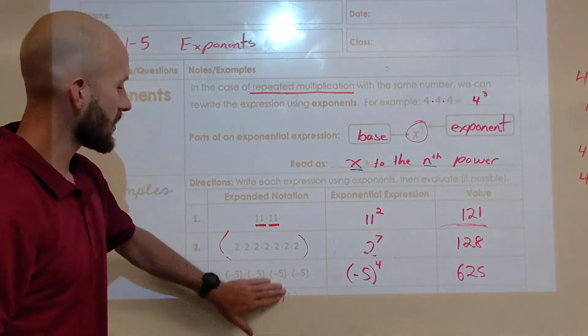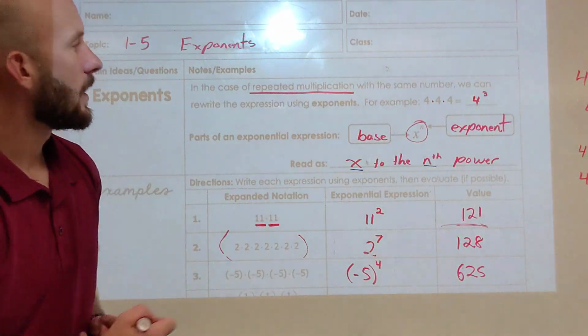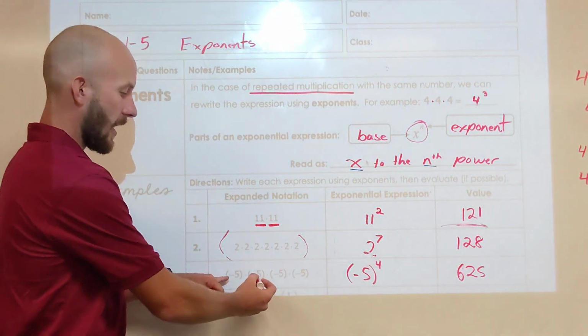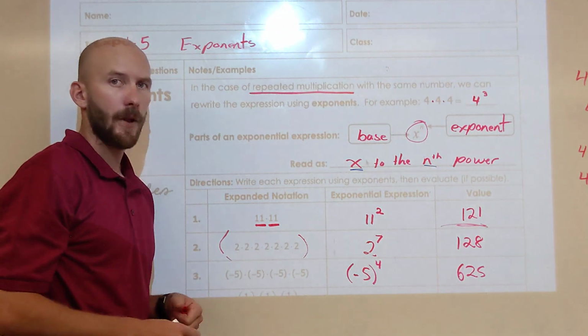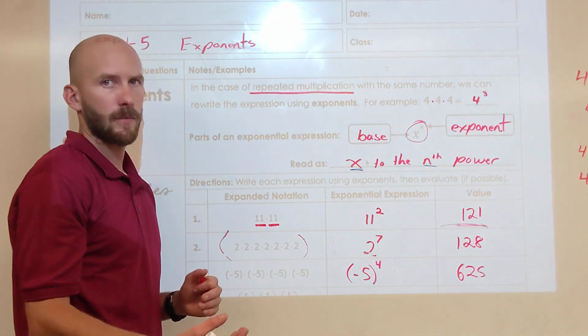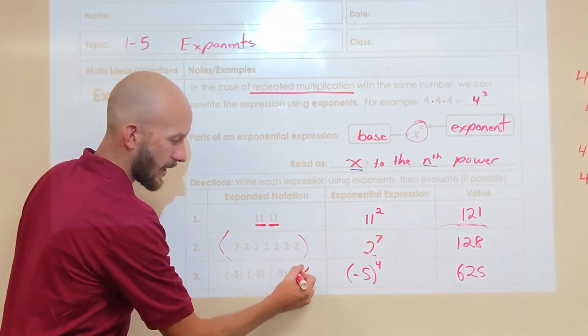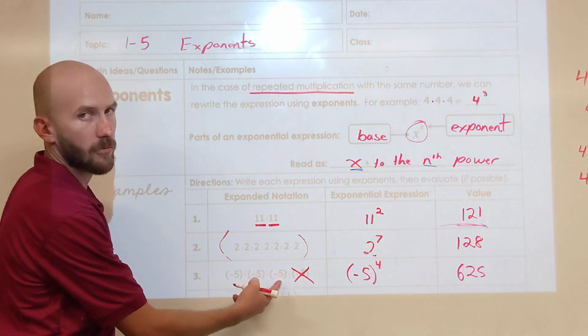What I do want us to understand, though, is to notice how I've got an even amount of negatives there. That will always give you a positive answer. So I want you to think for a second, what if I just had -5 times -5 times -5?